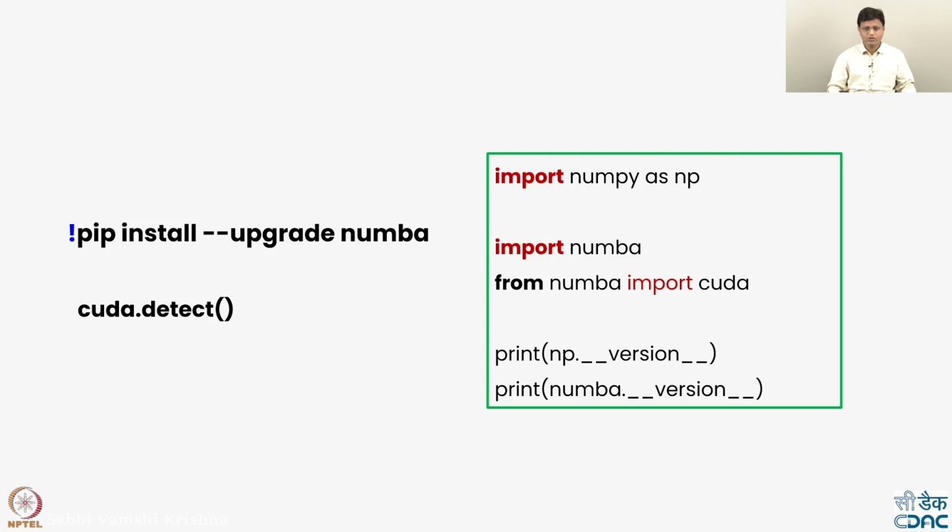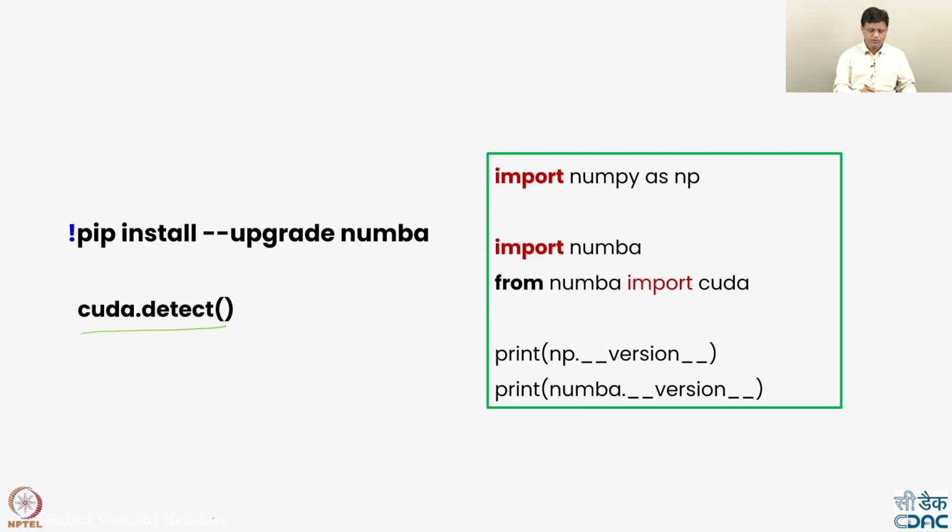Once Numba is installed and configured properly on the system, you can run this command. Another important thing is that you can run it as a .py file, and it also supports Jupyter Notebook.